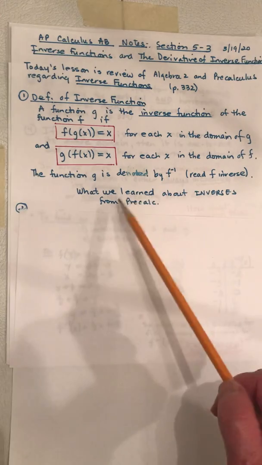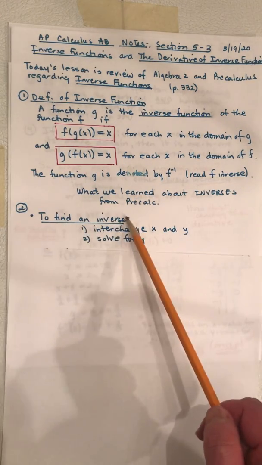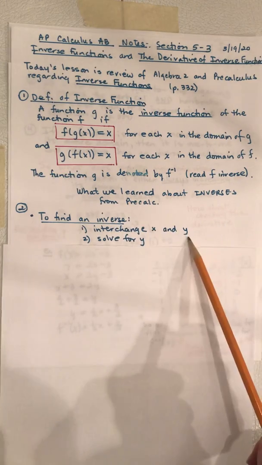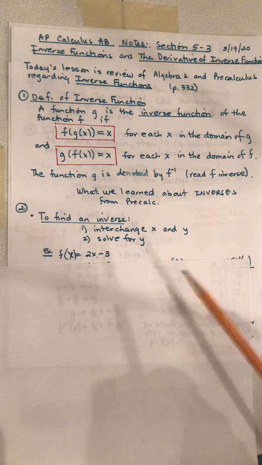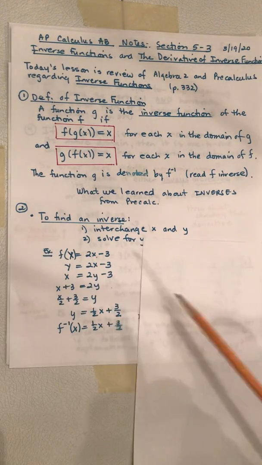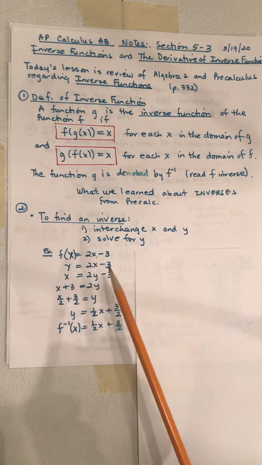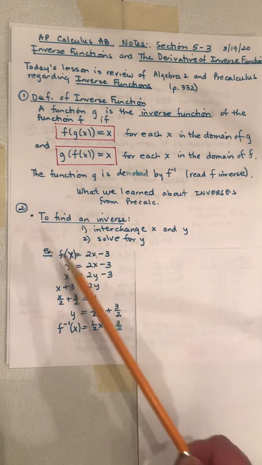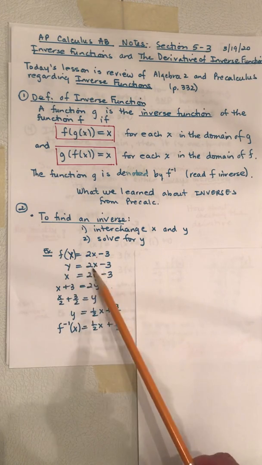All right. What we learned about inverses from pre-calc. We learned that to find an inverse, remember that? You interchange x and y, and then you solve for y. So I took a really simple one, and let's just take a look at this. So we interchange. So here's our function. f of x equals 2x minus 3. And we know that f of x can be replaced by y. So we have y equals 2x minus 3.